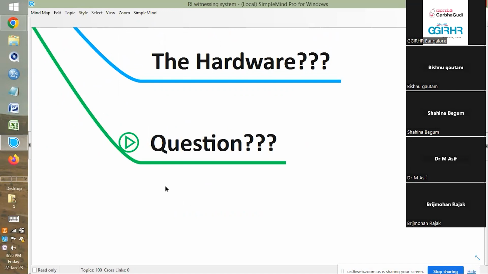Here what we can do is, for example, if a donor walks into the clinic for donation of the egg, that egg will be given to a particular patient who had already given the consent. That patient is coded with the RI witnessing system, not the donor. The donor will not know anything. She just donates and she will leave the premises. The donor will be anonymous. Anonymous, that's it.